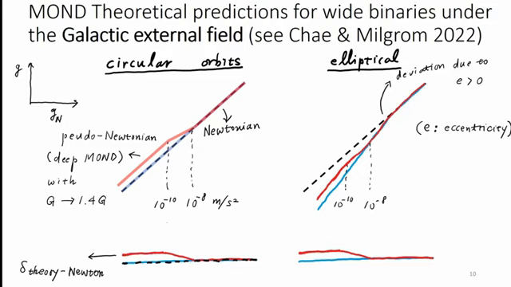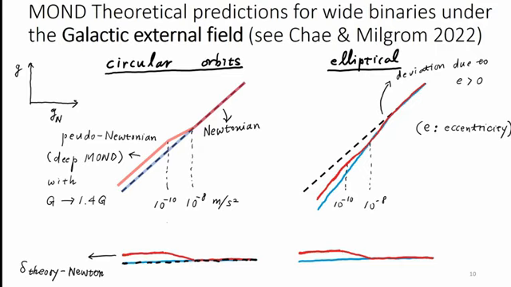I'll call it pseudo-Newtonian because it is essentially the same as Newtonian with a slightly rescaled Newton's constant. That's why it's confusing how to test this regime. In reality, it becomes more complex due to eccentricity.